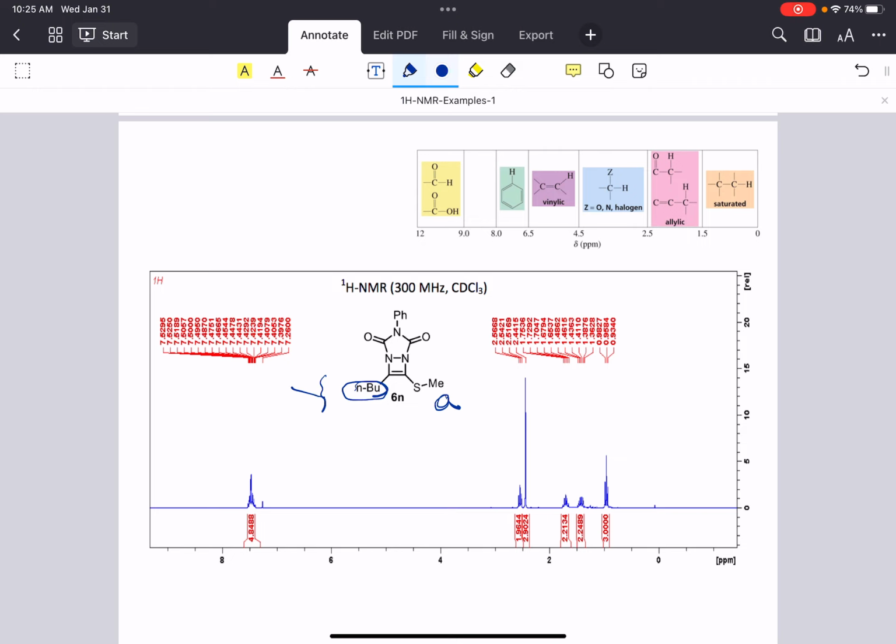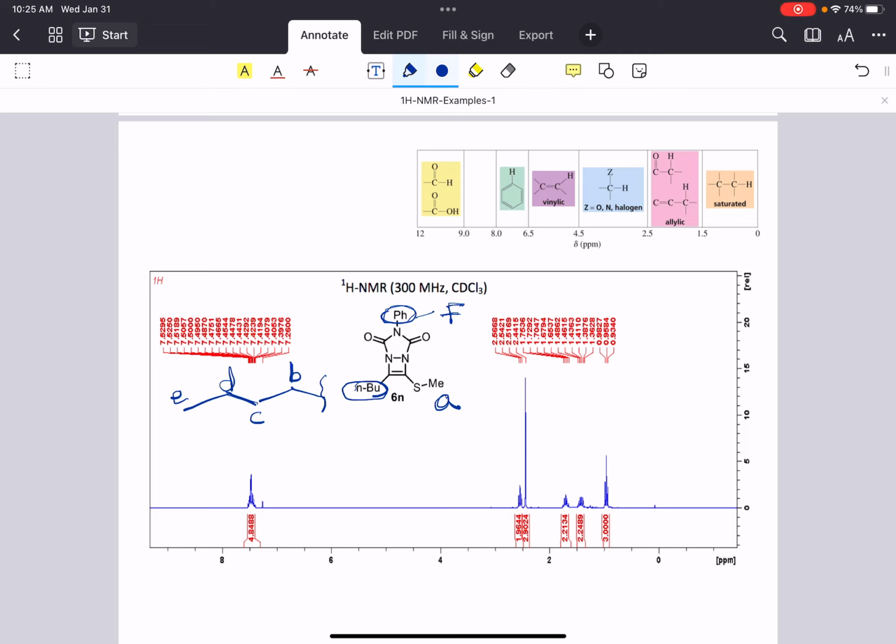That's a linear alkyl chain. We can label those pieces directly attached here as signal B, C, D, and E. And then the final set of signals we would expect would be the 5 hydrogens that sit on this phenyl ring, which is that benzene, right? So that's signal F.